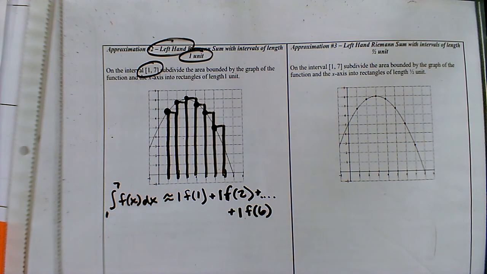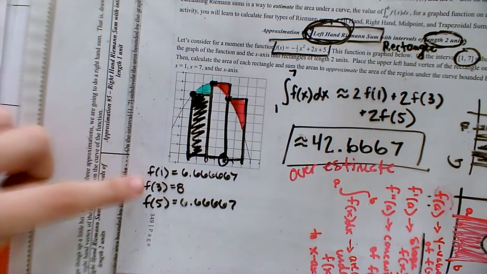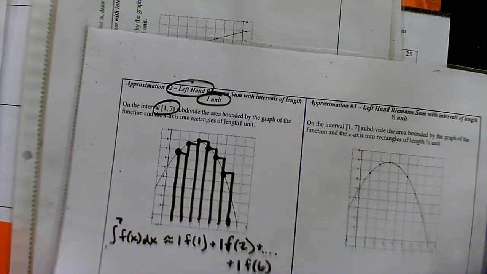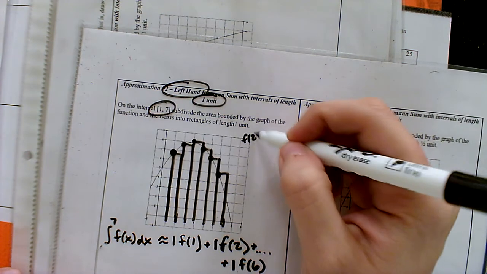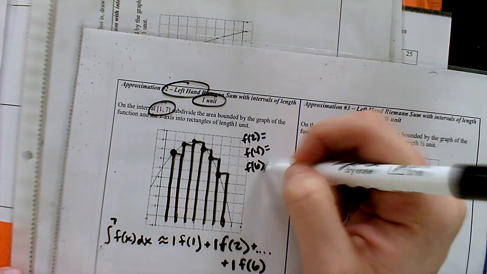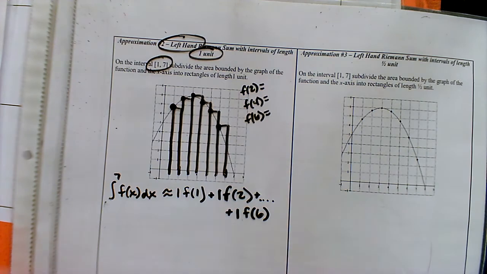Okay, now we already know, what did we have on the previous one? We already know what f of 1, f of 3, and f of 5 are because we wrote those down. Maybe we'll go ahead and write down f of 2, f of 4, and f of 6. Okay, those are new.